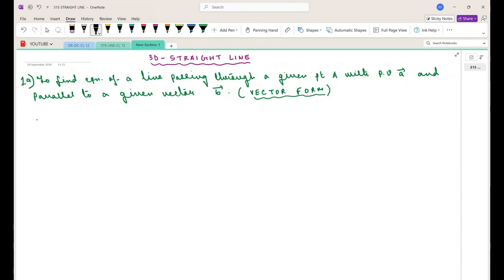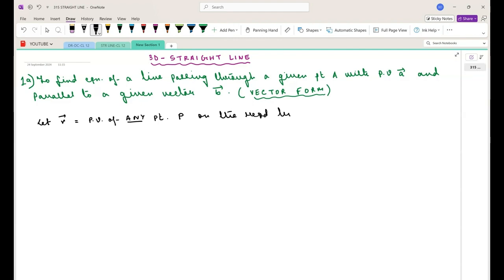Okay. So let R be the position vector of any point P on the required line.